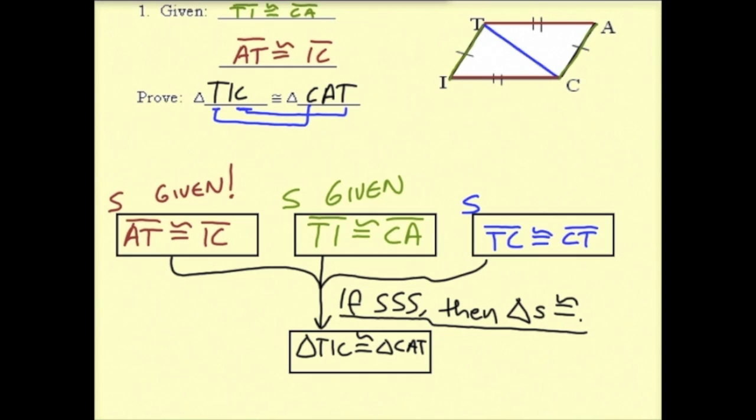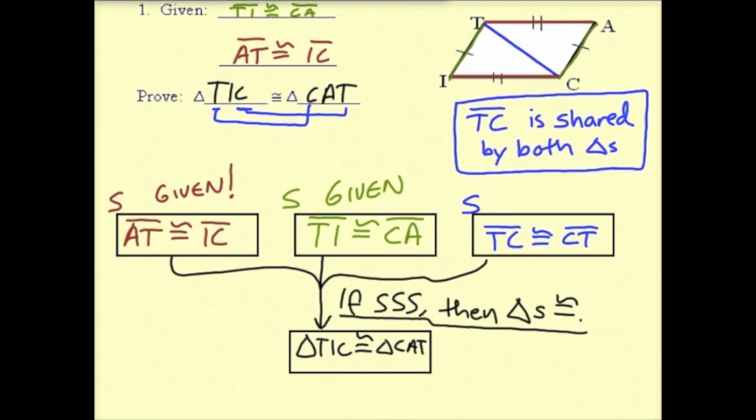And that follows from the order of the letters in the names of the triangles. So we have that shared side, and we need to talk about the fact that that shared side gives us congruent segments. So TC is shared by both triangles, and as a result, it must be congruent in both triangles. And the statement that we use is called the reflexive property of equality.